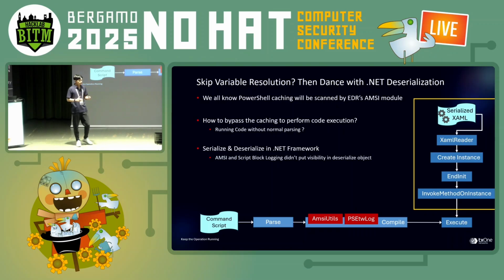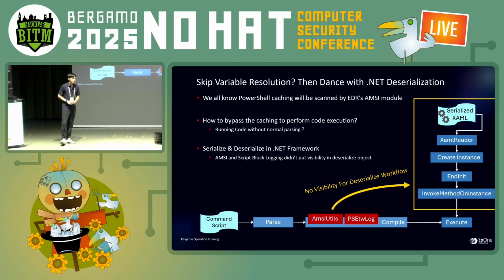We use an XML reader and use CreateInstance. It will create an instance in memory, then finalize the initialization. After that, it will call the methods in the instance. This gives us an opportunity to call arbitrary functions without parsing and compiling. So there is no visibility in the whole workflow.